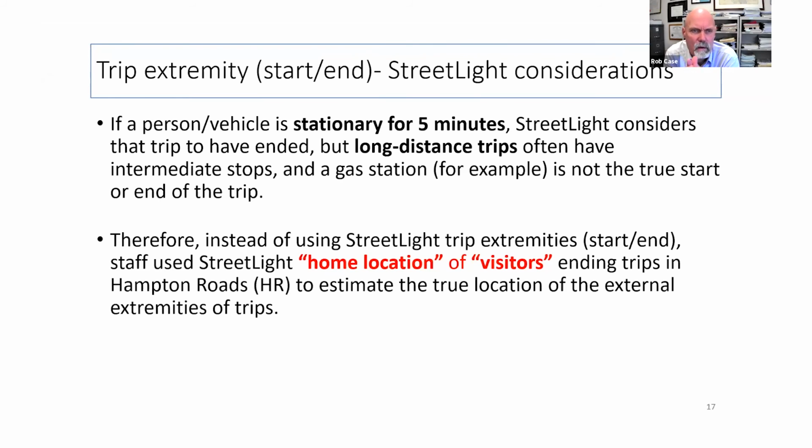But when you're talking about longer distance trips, you're going to stop at a gas station and that kind of thing. And so that's why we use the home location, in this case of visitors. And StreetLight defines visitors as people who live outside your zone, I believe.